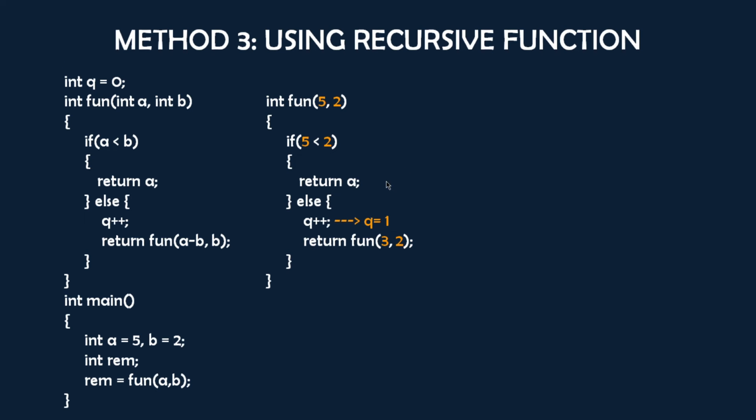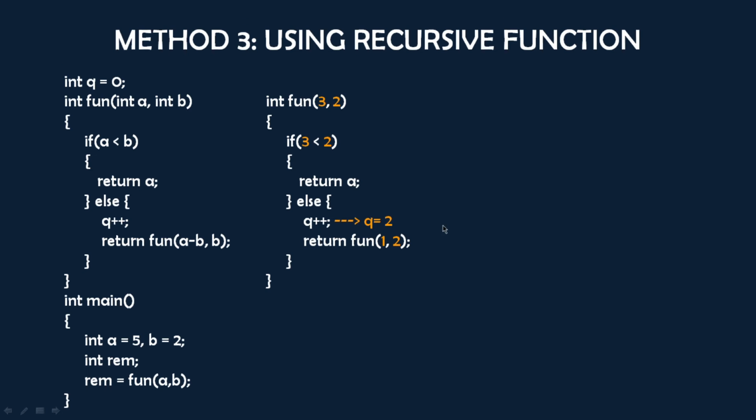After calling this, it will now perform. Now, the value of our A is 3, and our B is 2. So it checks the condition whether 3 is less than 2. This is false, and now we perform this statement, which will increase Q by 1.